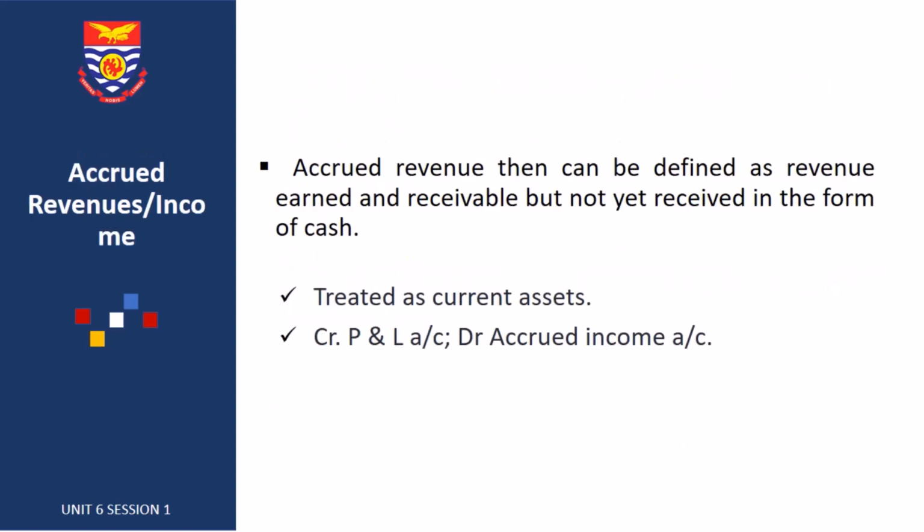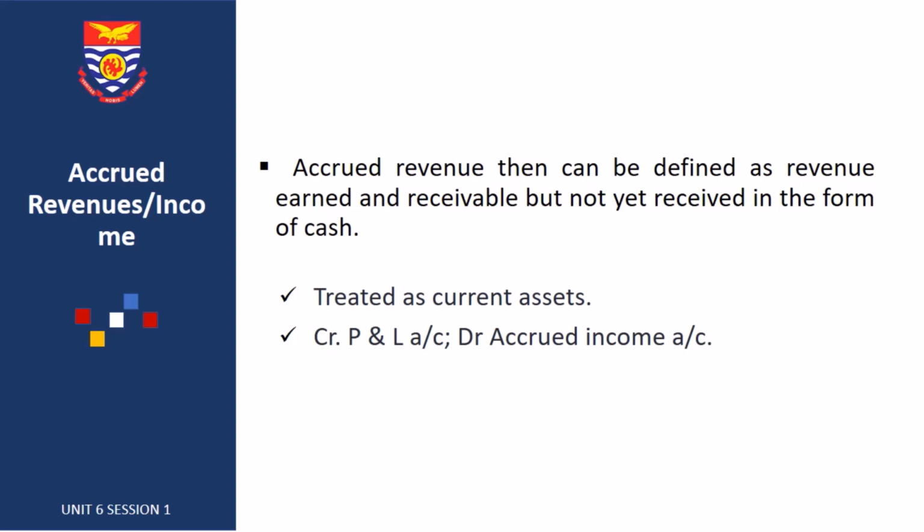Let's now turn our attention to accrued revenues or accrued income. Like expenses, many revenues are recorded when cash is received from the customers. Other revenues are also recorded when goods and services are sold on credit. However, some revenues may be earned but remain unrecorded at the end of the period because cash has not been received.